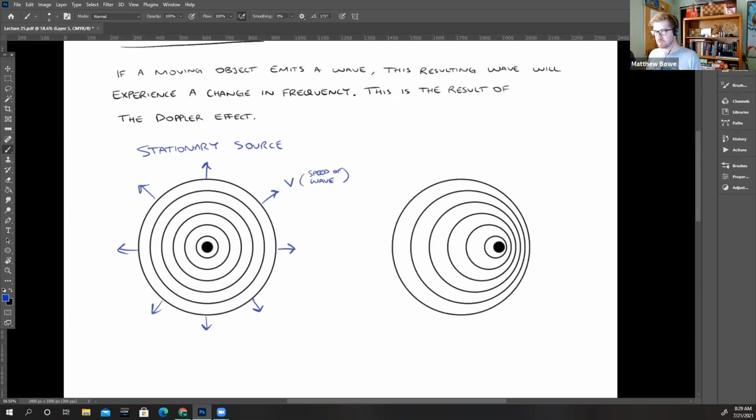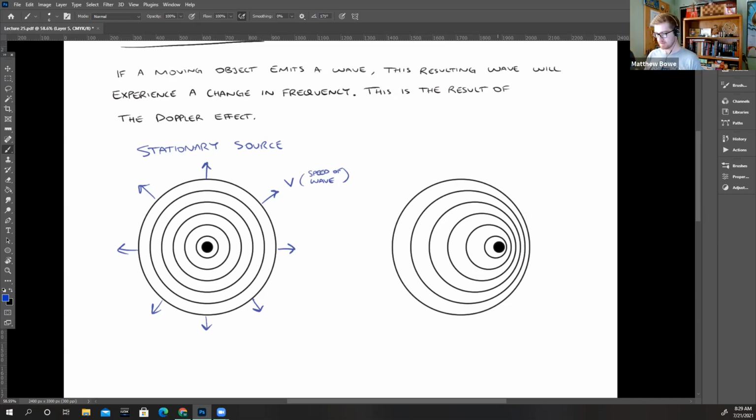So let's say the car is moving to the right. This will be the picture in this case. So the sound waves it's emitting will be compressed on one side and expanded on the other.